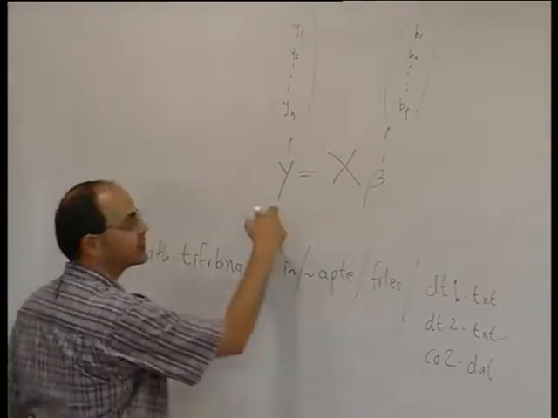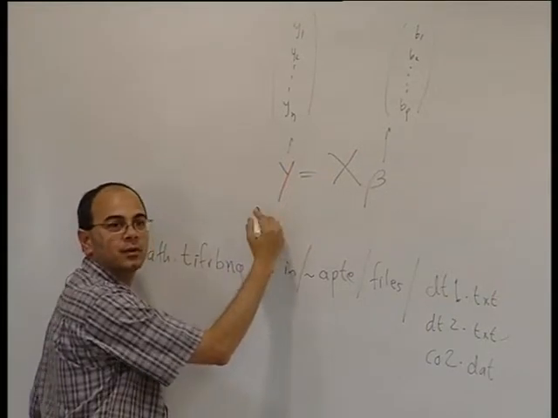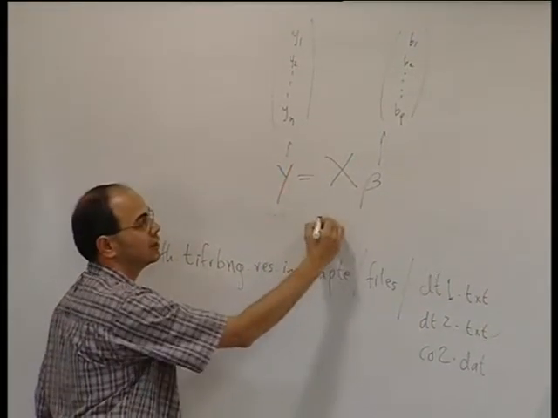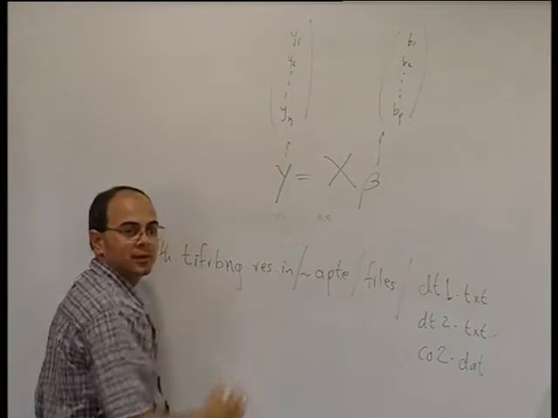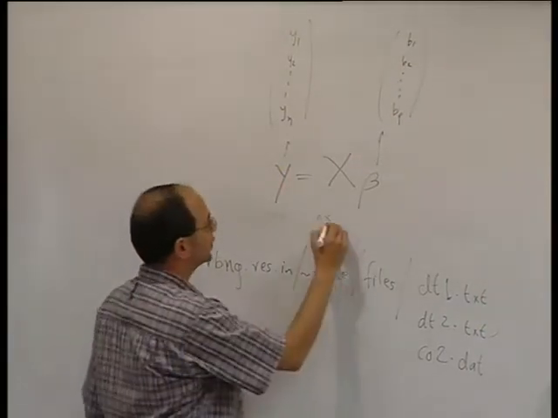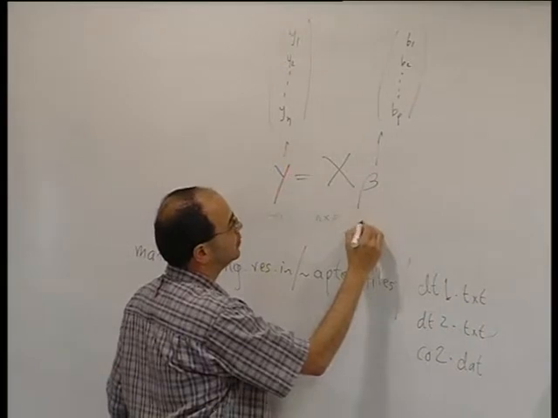What's the dimension here? It better be n by something. So n by p, and beta is p cross 1.